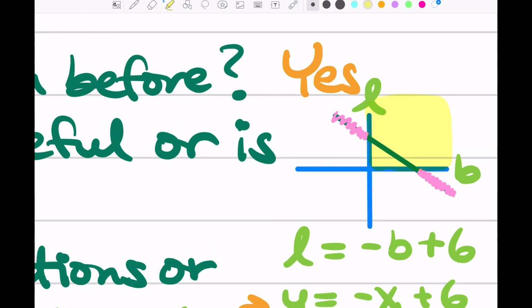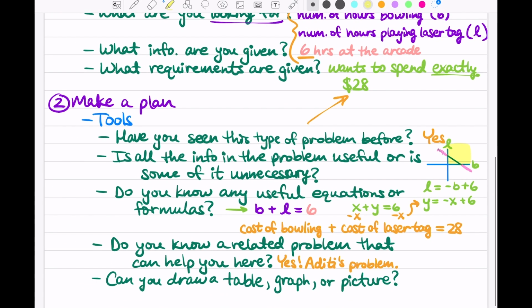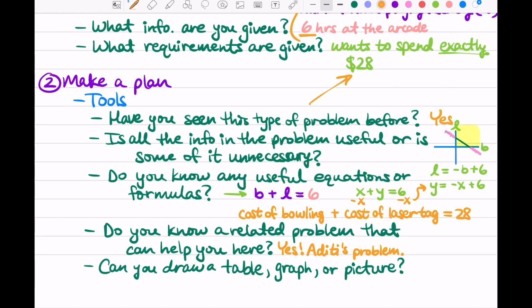Okay, let's zoom out. So on the last question, technically yes, we can, but we don't need to, because if we look back at our second equation, the cost of bowling at the arcade is going to depend on how many hours Simon wants to bowl.